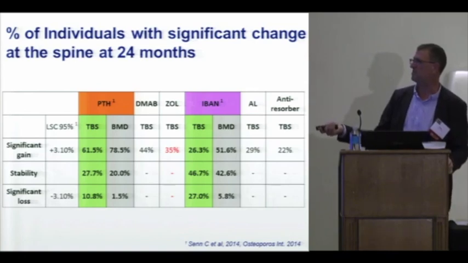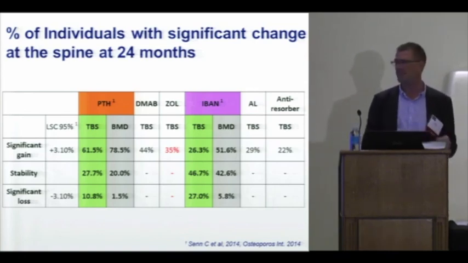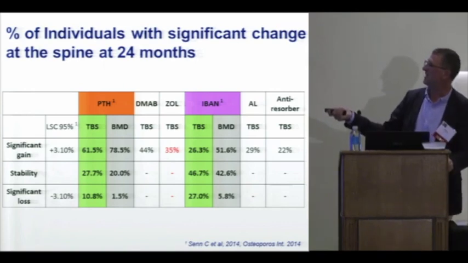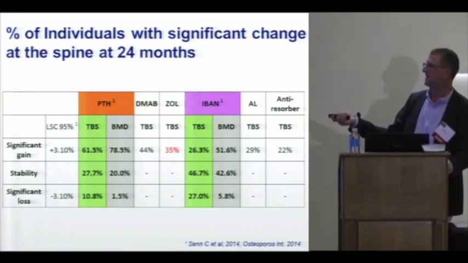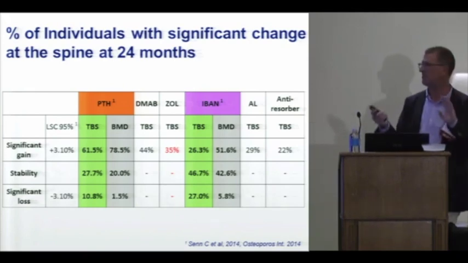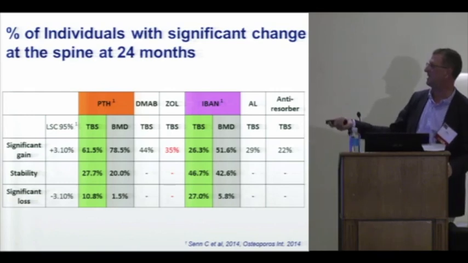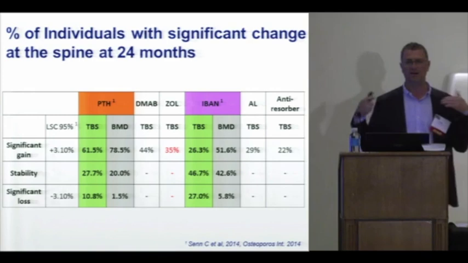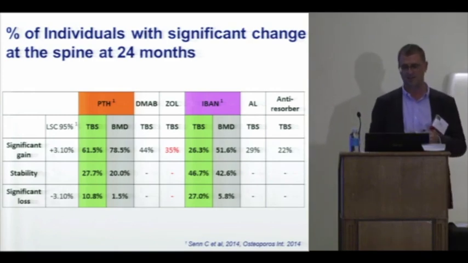And you have about 10% who were showing significant loss. If you take ibandronate, then you have 26% of significant gain. Most of them were stable, about 50% in the stability zone, plus or minus 3%, and about 30% of them were losing structure while they were still improving on BMD.